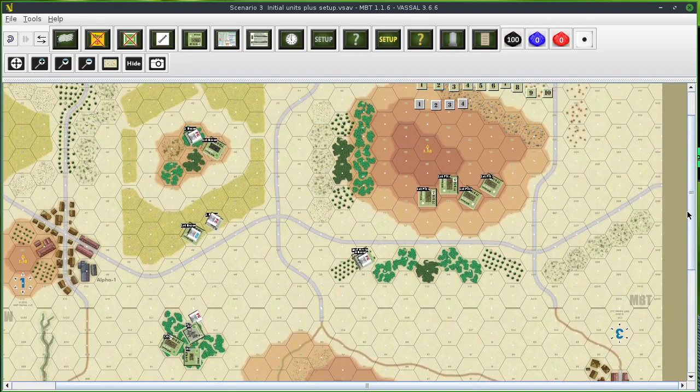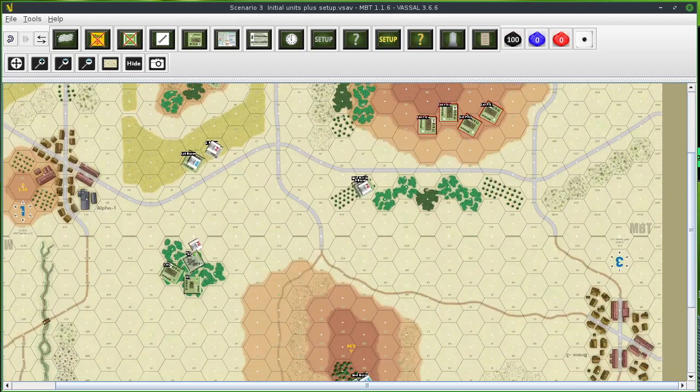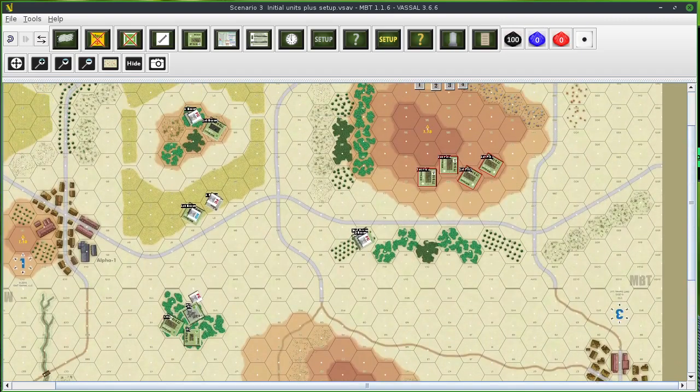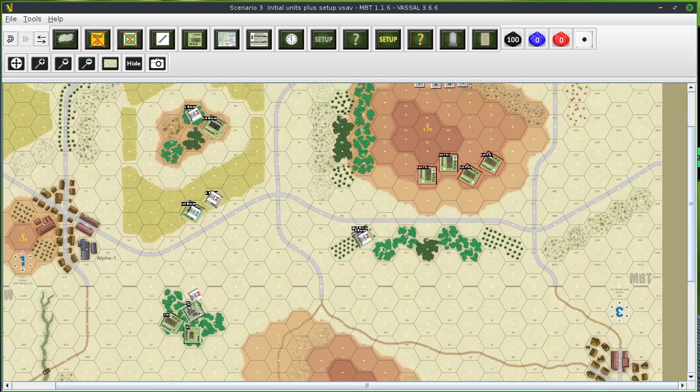All right, so now, what do I do with my big boys? What do I do with my Abrams platoon? Do I put them in the town? Because if they're in the town, they can fire right down that road. Maybe I'll do that.